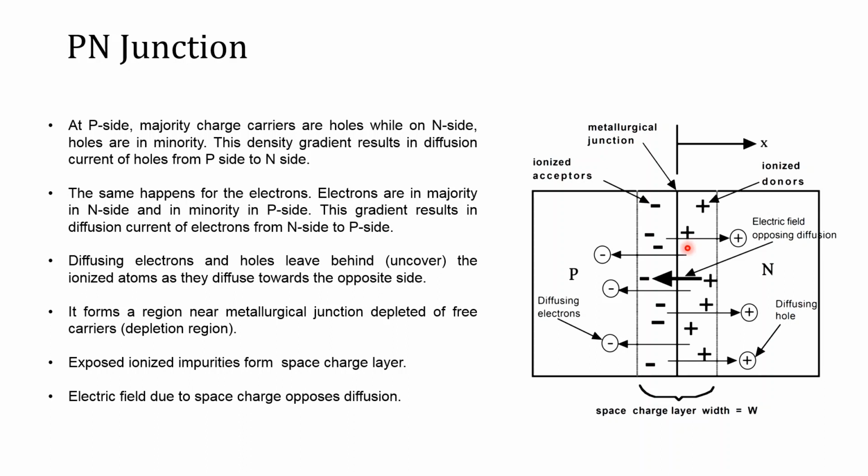Now as the charges move across this junction, holes move from P to N and electrons move from N to P. They will uncover more positive charge on the N side and more negative charge on the P side. So an electric field will be set up which will increase with the movement of charges, because more positive and more negative charges will be uncovered.